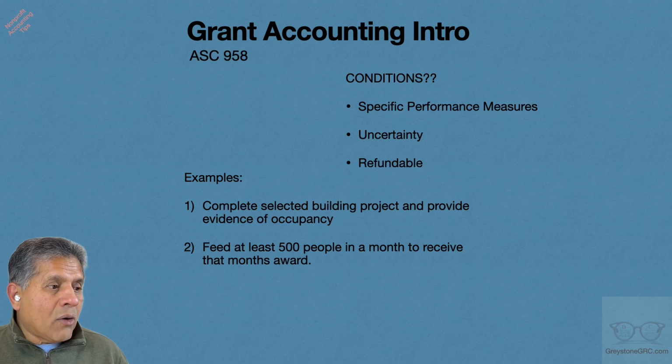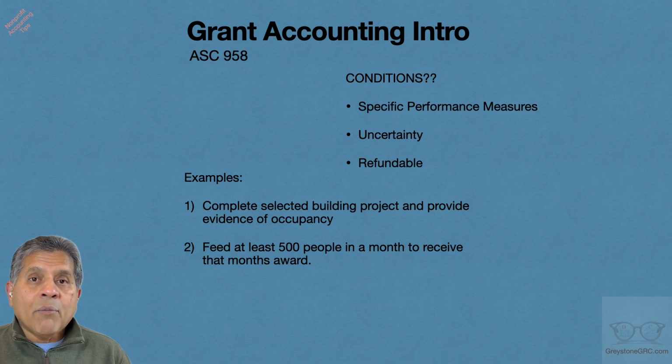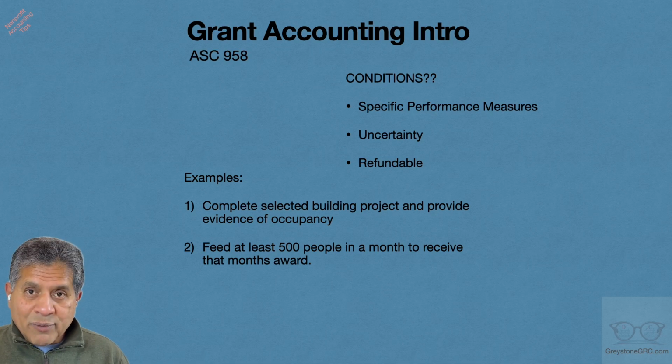For example, one of the conditions might be to complete a selected building project and provide evidence of occupancy. So here it's very specific in that you've got to complete the building and prove that it's got occupancy before you're entitled to those funds. So that makes it a condition because it's specific and measurable.